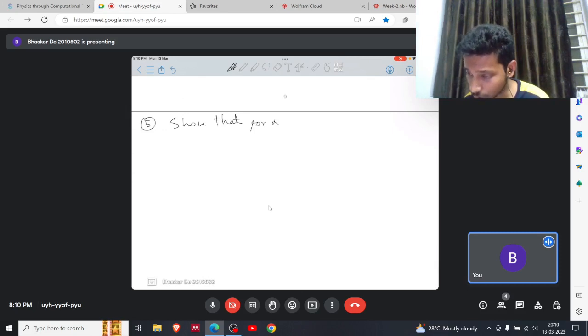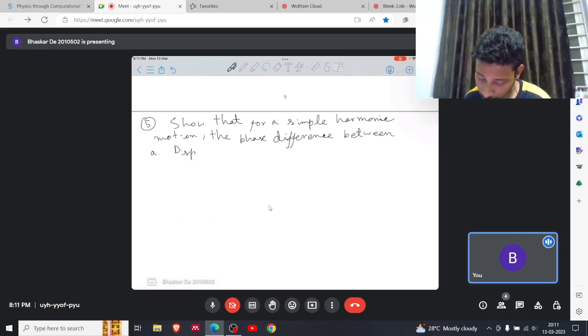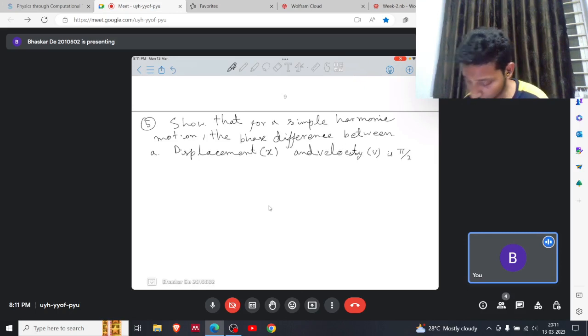So for a simple harmonic motion, the phase difference between (a) displacement and velocity is pi by 2, (b) v and a is pi by 2, (c) x and a is pi.